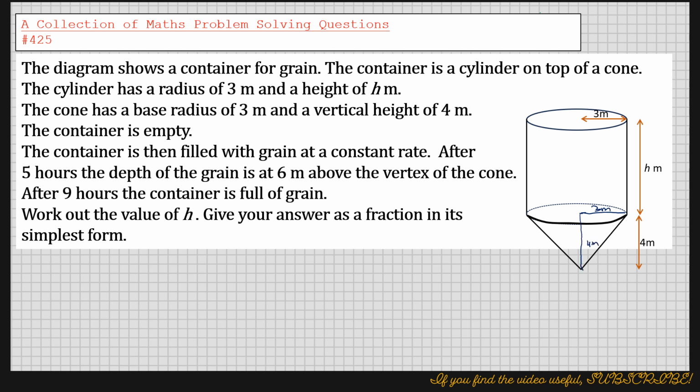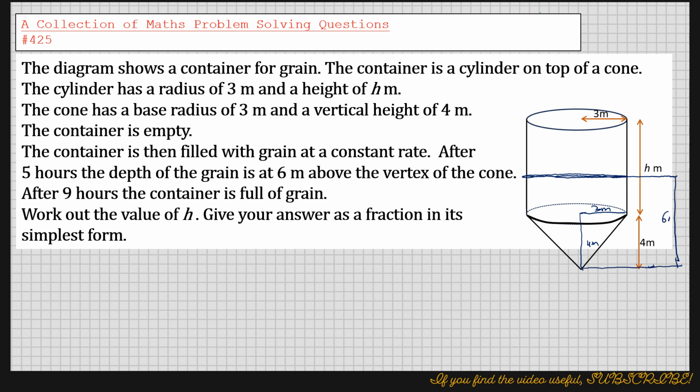When the container is filled with grain, after 5 hours, say the grain has reached up to this height, and this height they are saying is 6 meters.